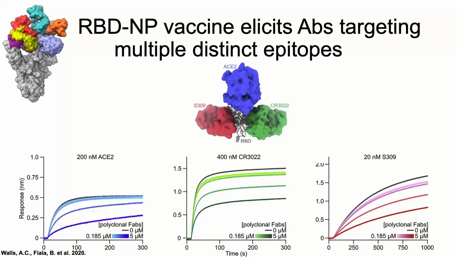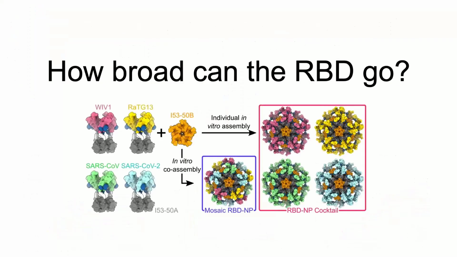Now, that's not the only way that we're trying to make this vaccine broad and ready for potential variants. We're also making what we call mosaic or cocktail receptor binding domain nanoparticles. The way that we're doing this is we're putting various receptor binding domains. We have SARS-2, which was our previous vaccine, which is currently in phase 1 clinical trials.